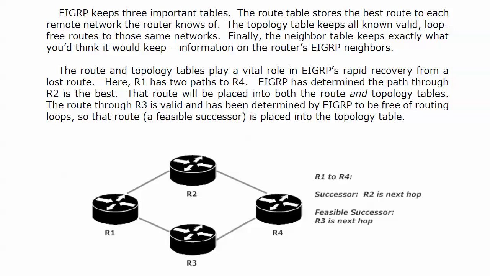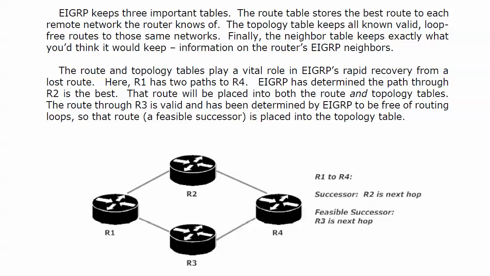The topology table keeps all our known, valid, loop-free routes to those same networks. That's where you'll find our successors and our feasible successors. And then finally, the neighbor table. Hate to insult you by even telling you what's in there. It's info, of course, on the router's EIGRP neighbors.